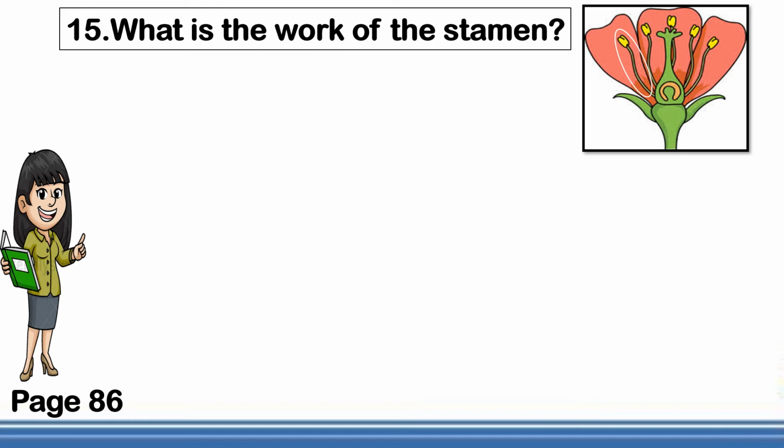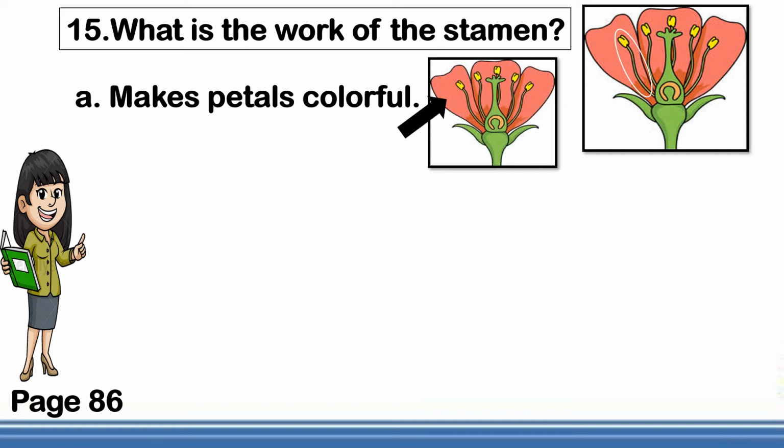On page 86, what is the work of the stamen? Letter A, makes petals colorful.